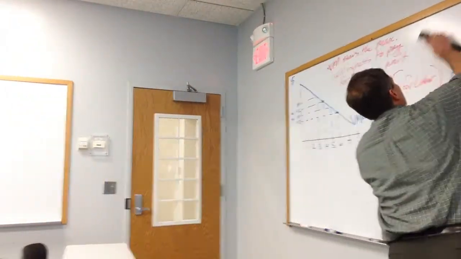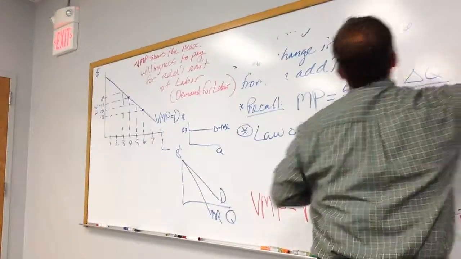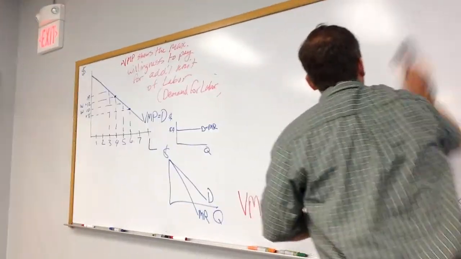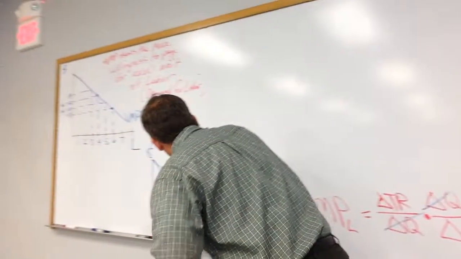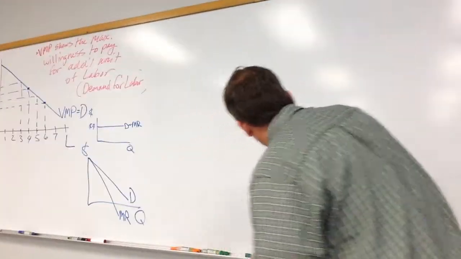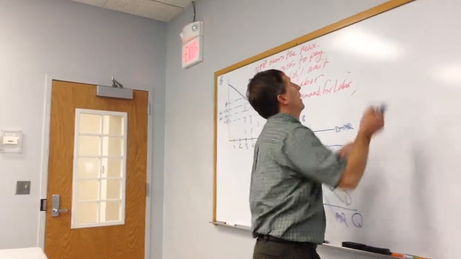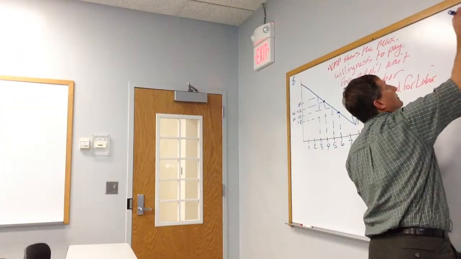The other little pieces of the puzzle we had is that demand curve is always downward sloping. That demand curve is always downward sloping because of two things.